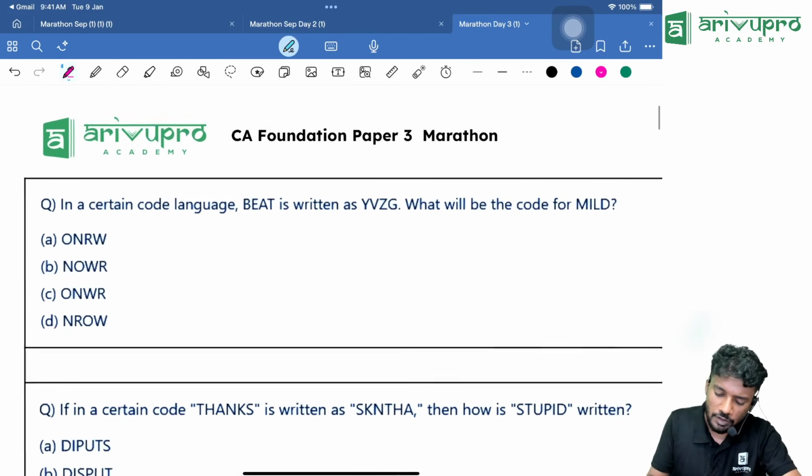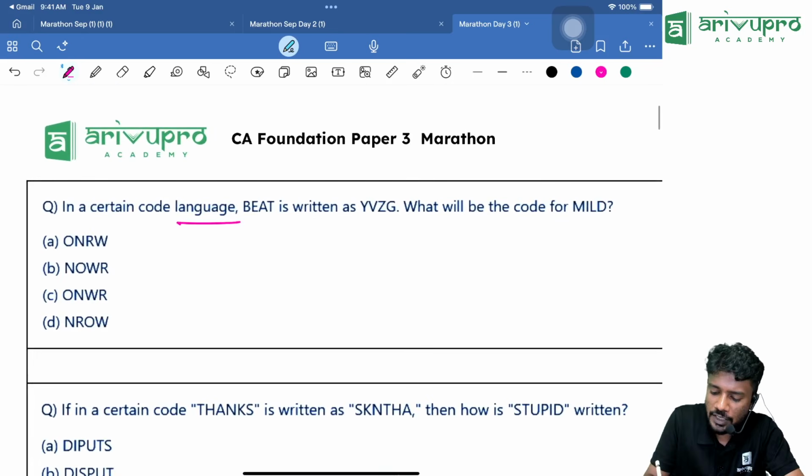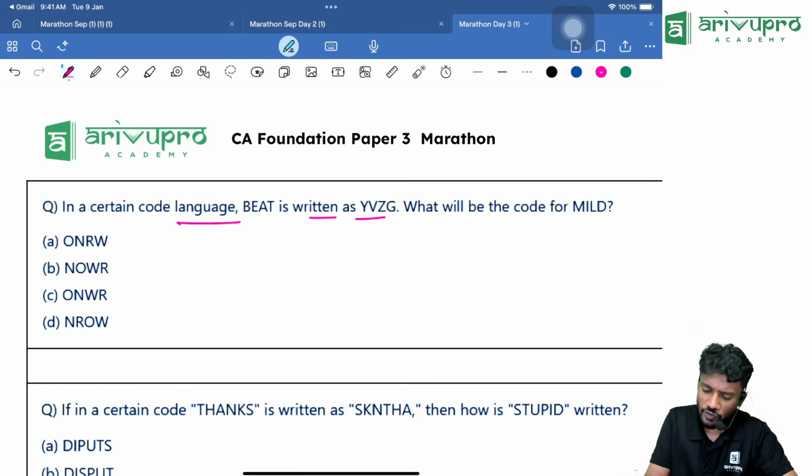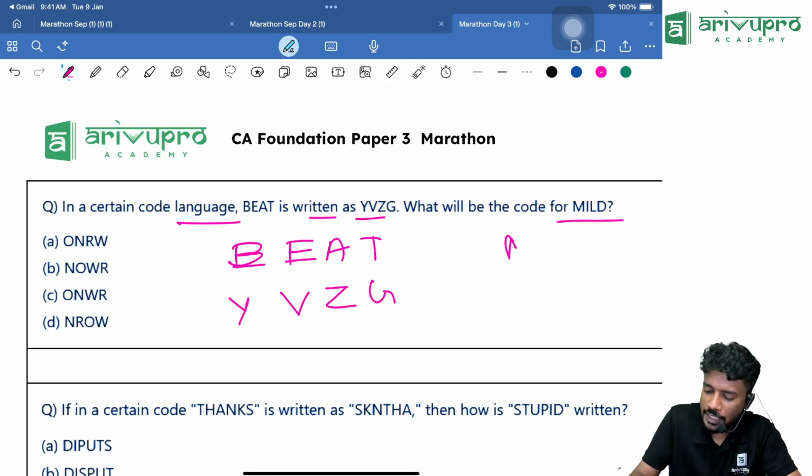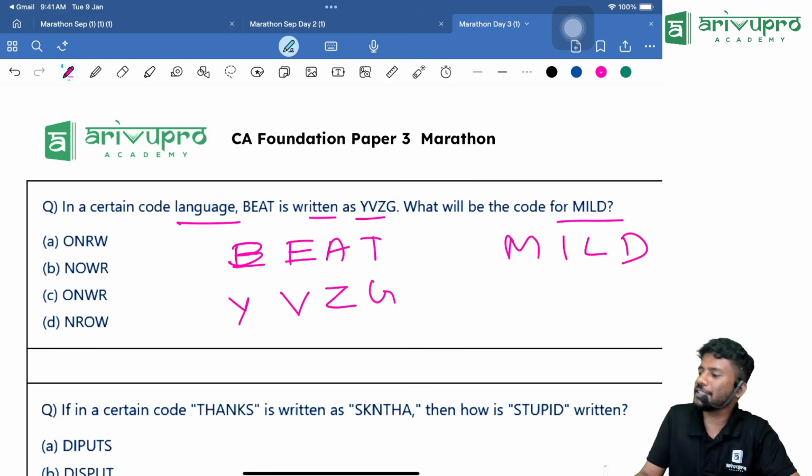Next one. In a certain code language, BEAT is written as YVZG. Then MILD will be written as what is the question.